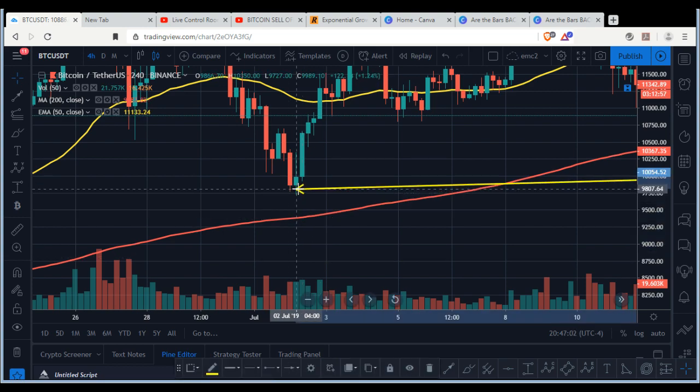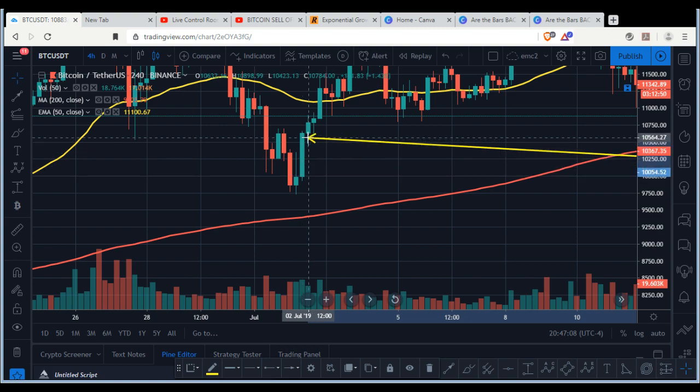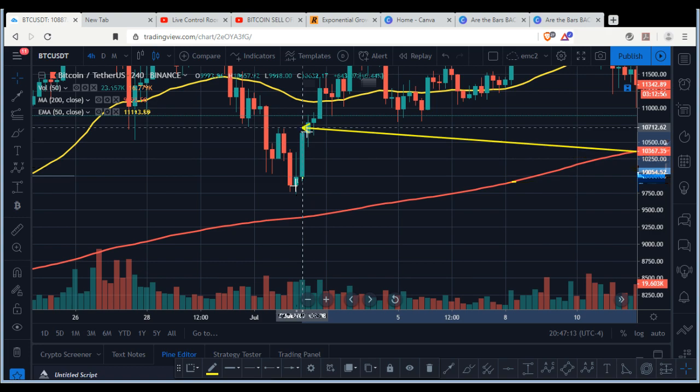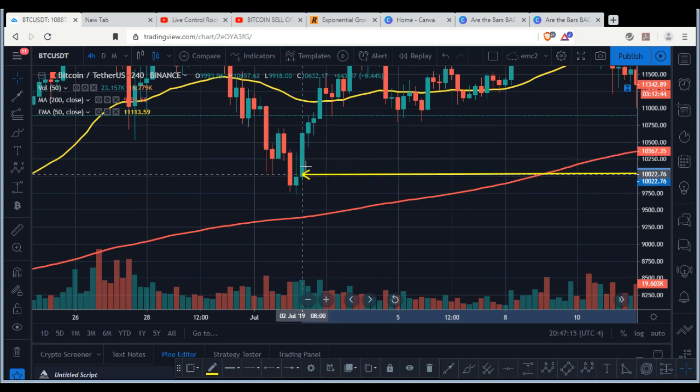The reversal pattern was 21,000, the same amount of volume. The very next day it was 23,000, and you see how big the candle was with the same amount of volume.